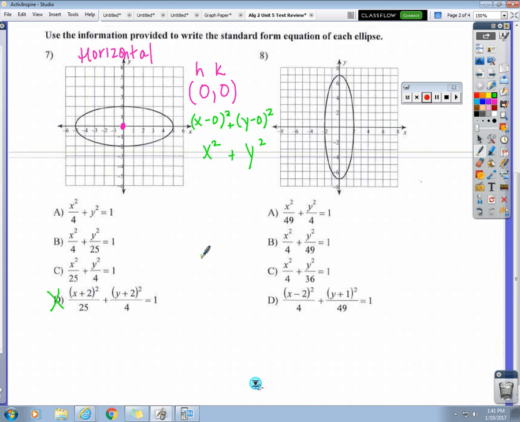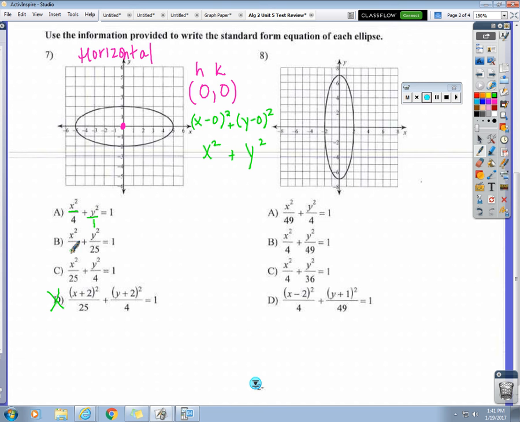Right. Well, and since it's horizontal, won't the bigger number be under the x? So let's look at this one. This one has a 4 under the x, and this one has an understood 1. So technically the bigger number's under the x, so we're not going to cross it out yet.